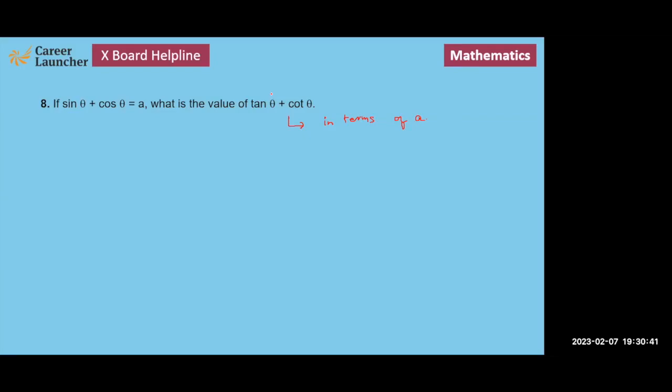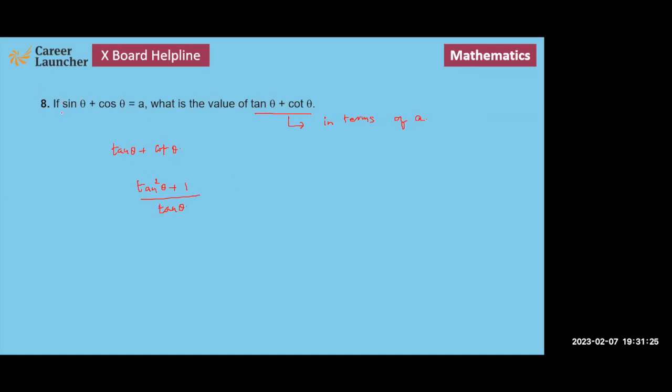So when I look at tan theta plus cot theta, it is nothing but tan squared theta plus 1 divided by tan theta.